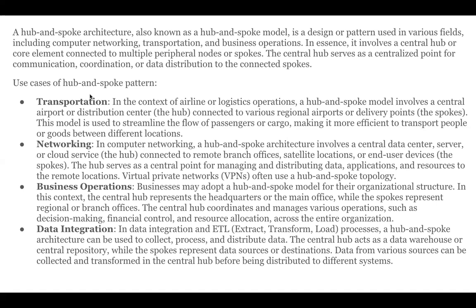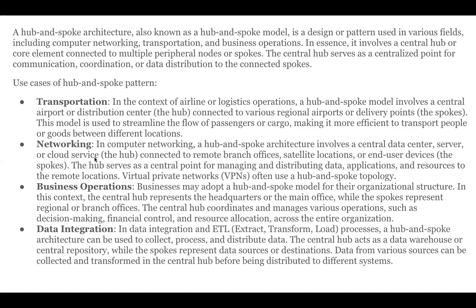Practical implementations or use cases where this works best: in the transportation industry, like airlines or logistics operations, where you have a central hub which distributes things to different regional airports and delivery points, used to streamline the flow of passengers or cargo, making it more efficient.